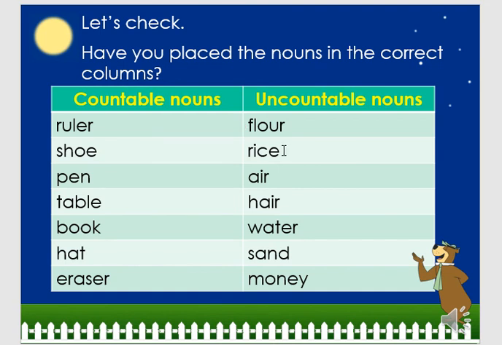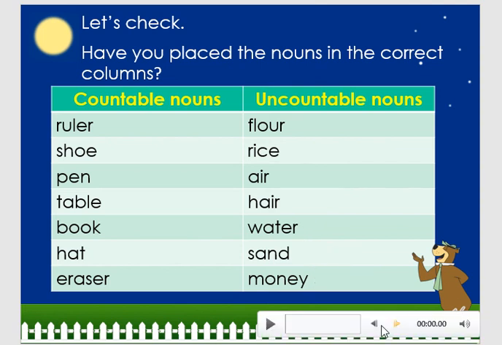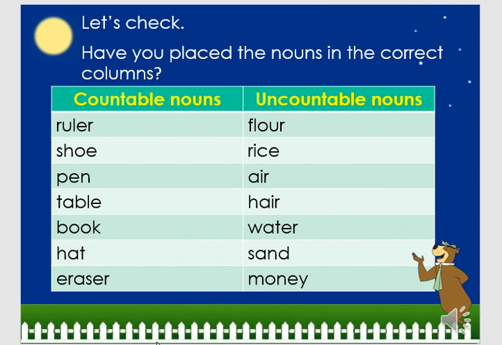Let's look at the next one. Rice, air, hair, water, sand, money. A few of you may be asking, Mrs. Tan, how come money can't be counted? I can count money. You're right that we can count money, but we count money based on its value.